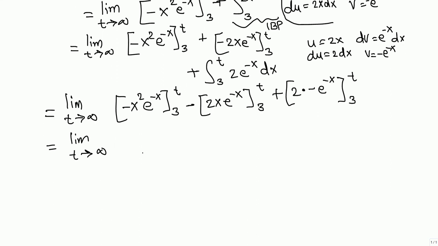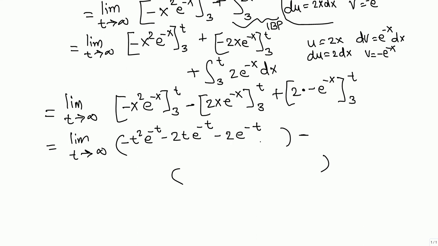For the upper limit part, replace x throughout by t: negative t squared e to the negative t, minus 2t e to the negative t, and this is 2 times negative 1, so minus 2 e to the negative t.